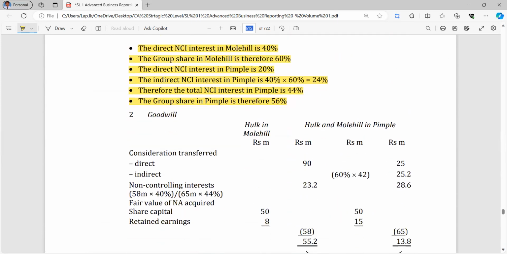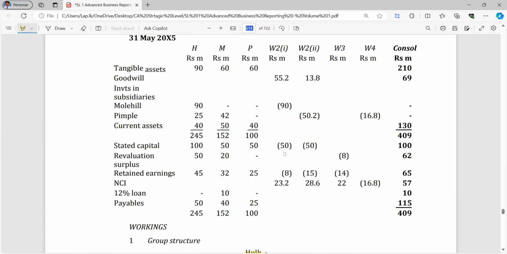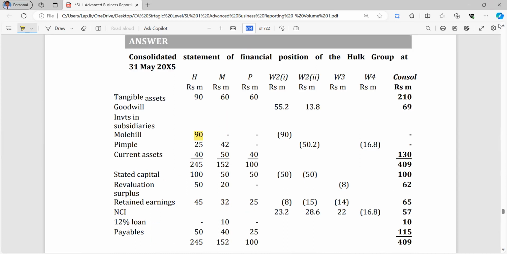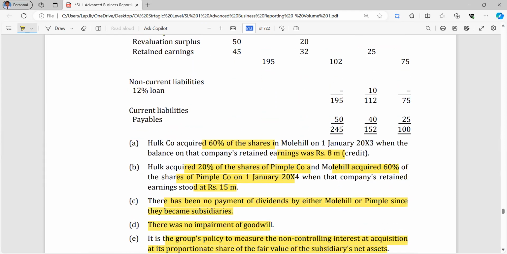The consideration for HM, this is the parent and subsidiary, 90 million, the consideration transferred. You can recognize 90 million as it is. And you want to take the pre-acquisition profit share.